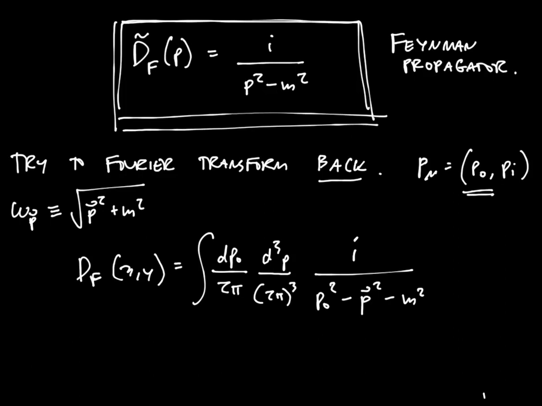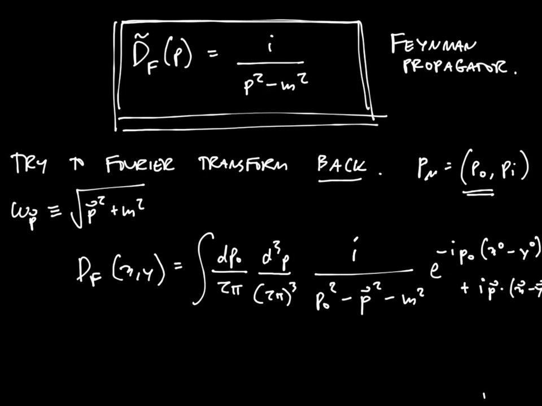And finally, there's something in the exponent. The exponent was e to the i p dot x, which if you write out carefully turns out to be e to the i p naught times x naught minus y naught, minus i p vector times x minus y.